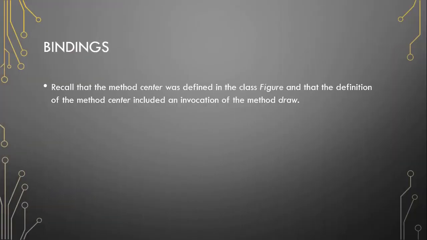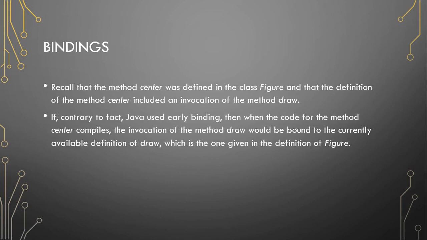So let's see how late binding can work in the case of our method center. Recall that the method center was defined in the class figure and that the method definition of center included an invocation of the method draw. If, contrary to fact, Java had used early binding, then when the code for the method center compiles, the invocation of the method draw would be bound to the currently available definition of draw, which is the one given in the figure.